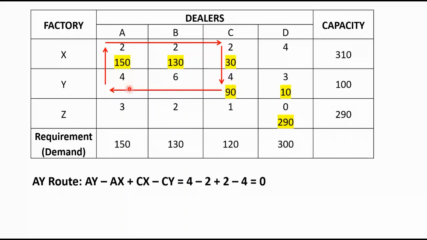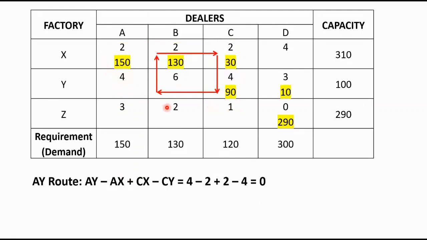Now that we're done with the AY route, we can choose any other vacant square. This time we are going to select the BY route. So don't forget, guys, that whenever you step on a vacant square, we need to leave alternating signs. So positive, negative, positive, negative.